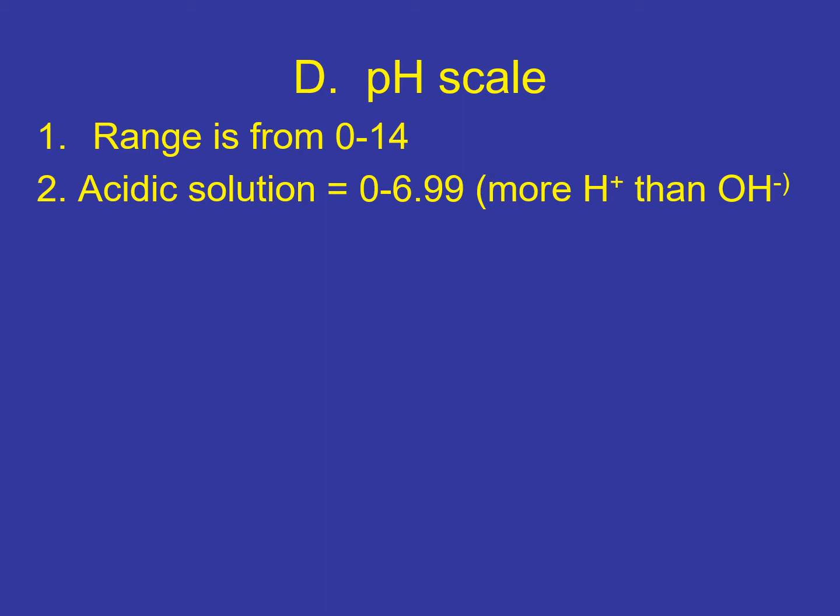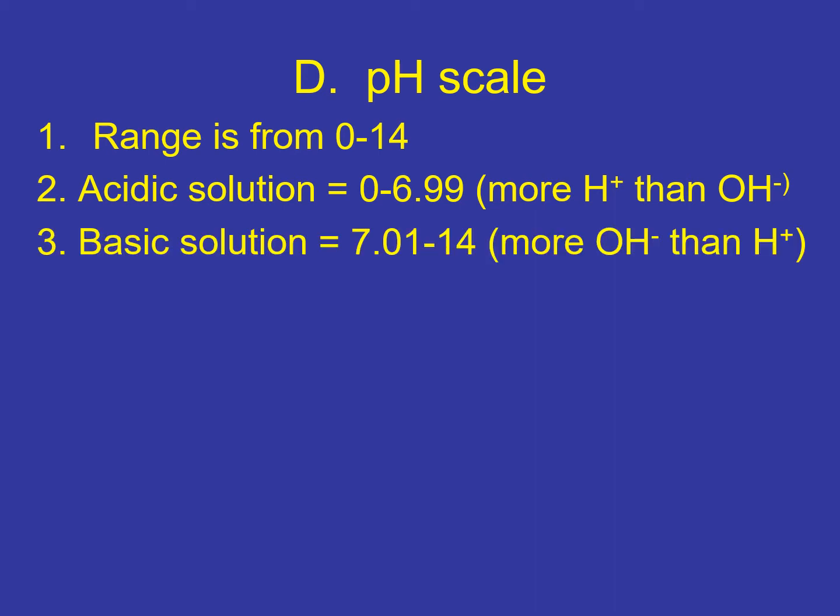And remember, we're talking about the relative concentration of hydrogen ions. So in an acidic solution, there are more hydrogen ions than there are hydroxide ions. That's the OH minus, right? So hydrogen ions are more numerous in the solution than hydroxide ions.